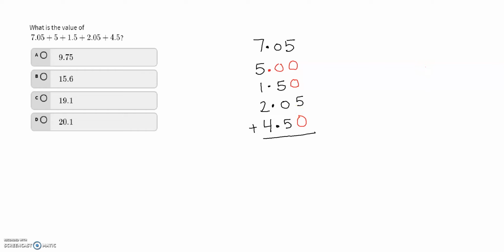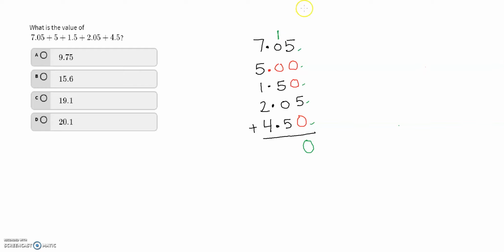Now I will start adding from the right side. So I have 5 plus 0 plus 0 is 5, plus 5 is 10, plus 0 is 10 still. So I will write 0 here and 1 over here.